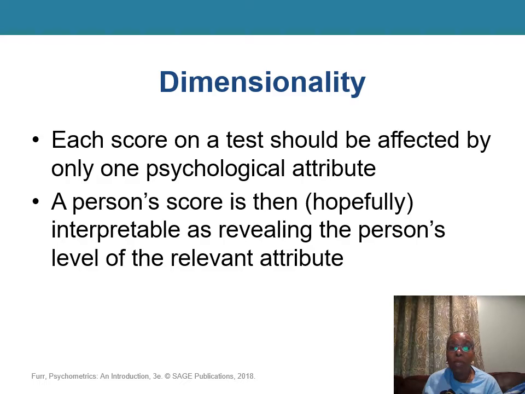In speaking about dimensionality, we have to utilize it for test construction, for our evaluation, how we use it, as well as interpretation. We have three different types of tests that we can utilize as we're constructing questions.